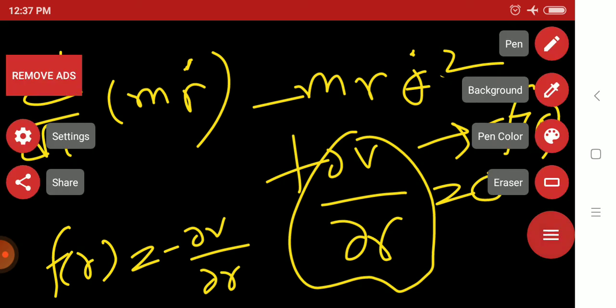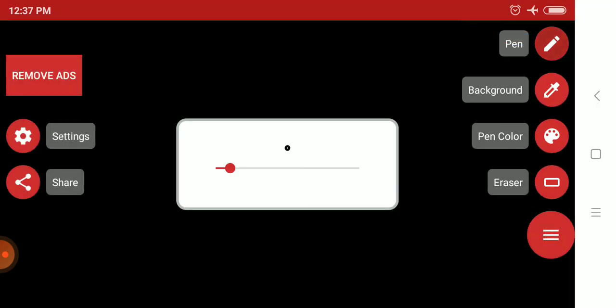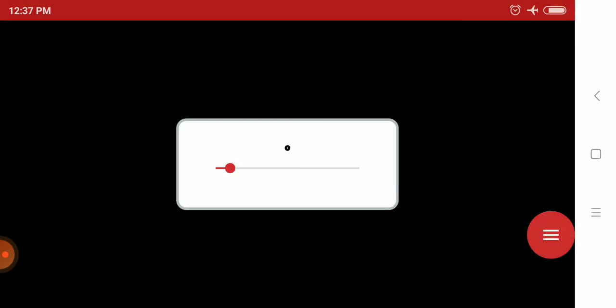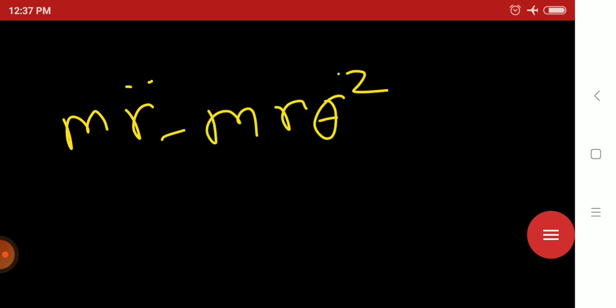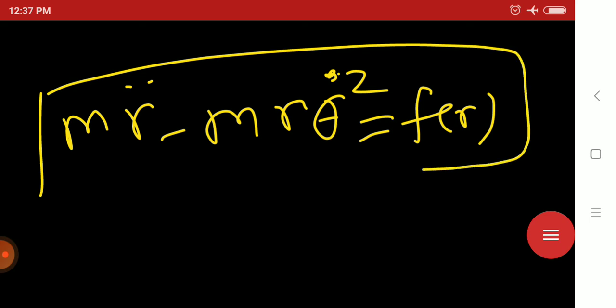So corresponding to the generalized coordinate r, we can write m r double dot, that means differentiating with respect to r, minus m r theta dot square equals F of r. We are getting this m r double dot. It's a very crucial thing: m r double dot minus m r theta dot square equals F of r.